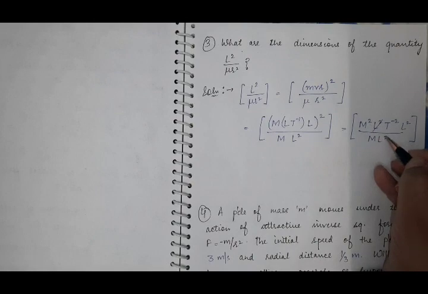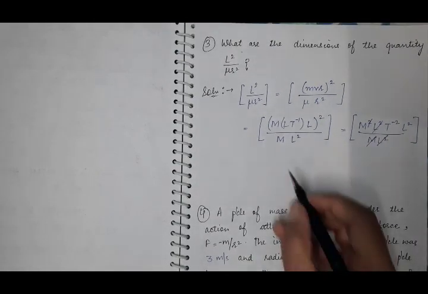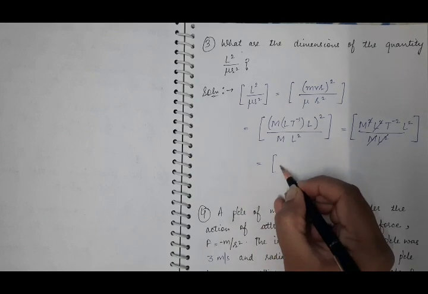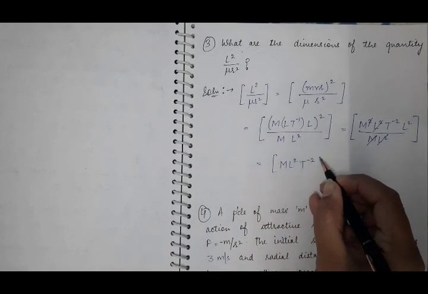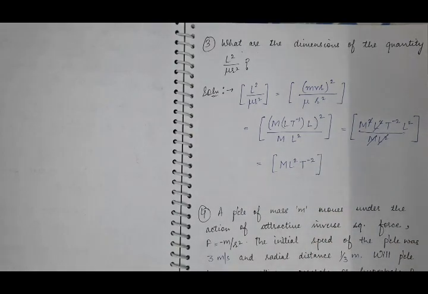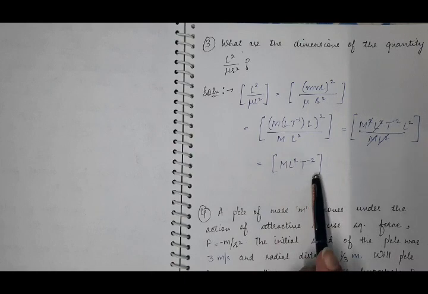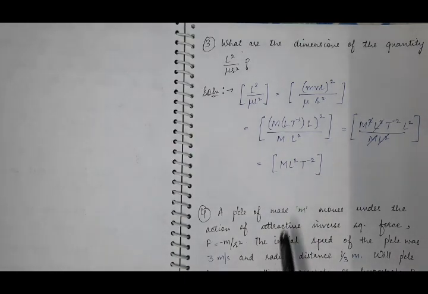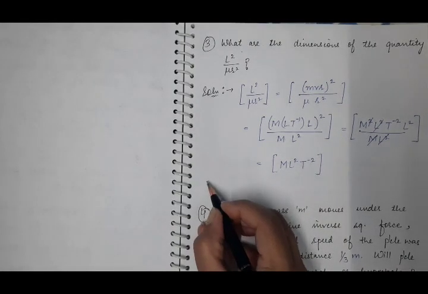So 1 L square will be cancelled out, 1 M will be cancelled out. So we have M L square t minus 2. And what are the dimensions of this M L square t minus 2? These are the dimensions of energy.